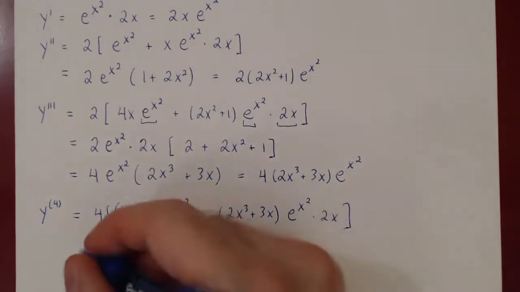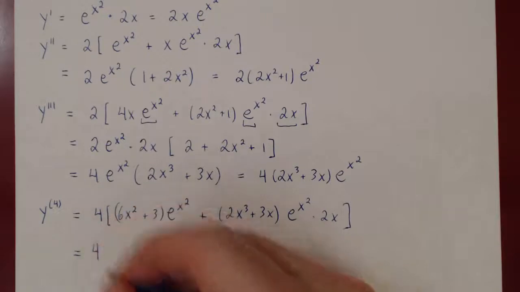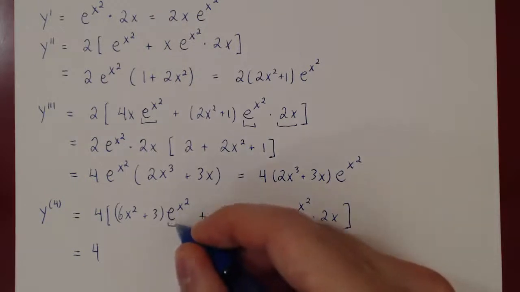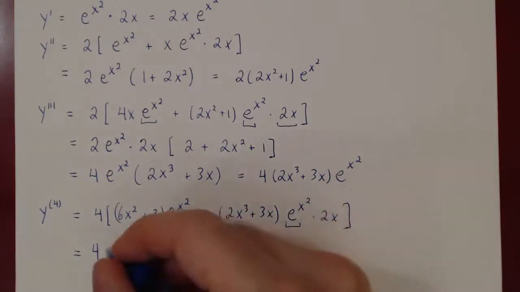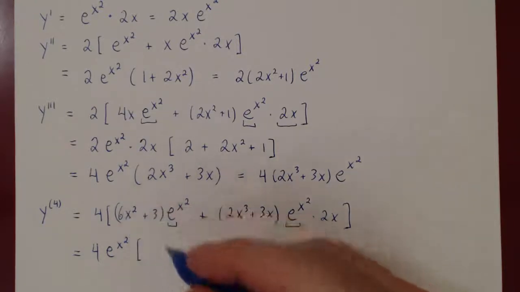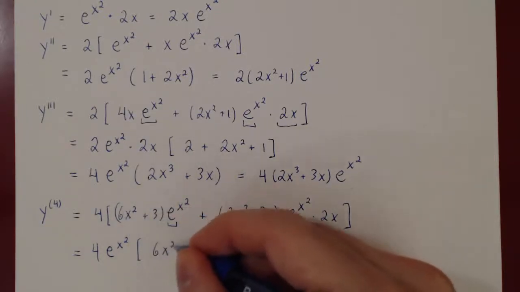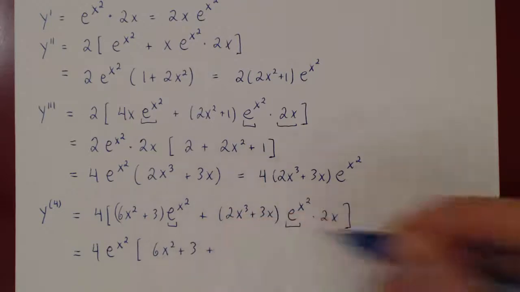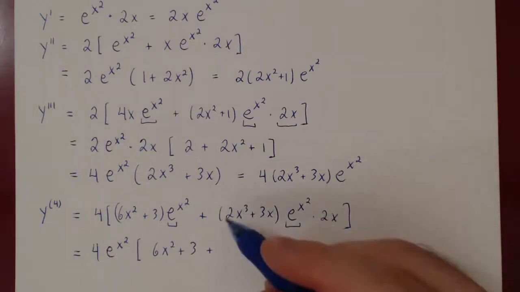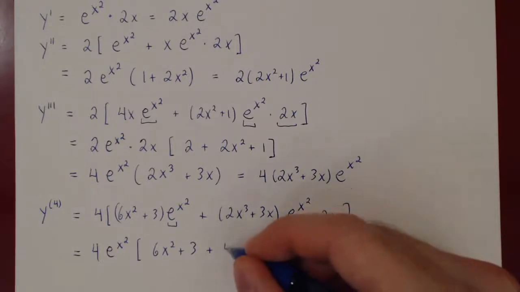Let us factor. The only common factor is an e to the x squared. And we are left with 6x squared plus 3 with the first term. Let's multiply out these two terms. We'll have 2x cubed times 2x. This will give us 4x to the 4.